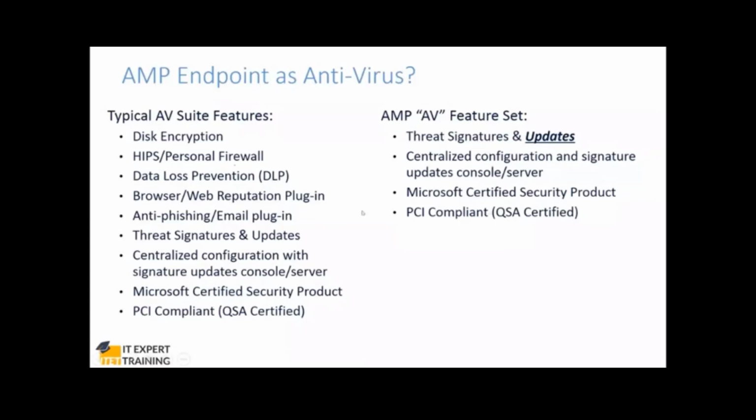Whenever any new threat comes, you will get an update. You don't need to wait for some time to analyze and give the report. So it is centralized configuration and signature update. It also has other features, additional features apart from this basic one.